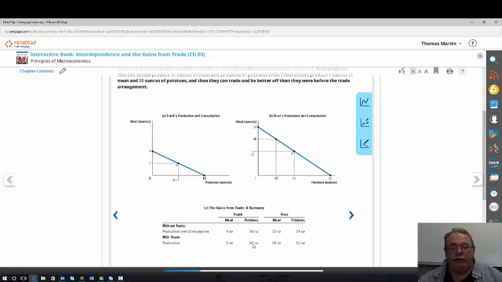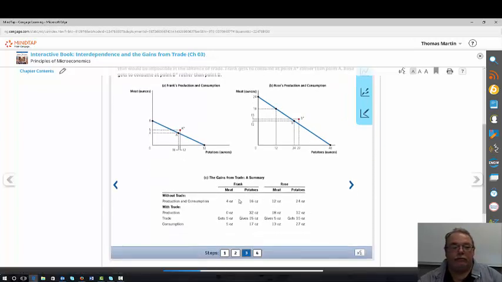With trade, Frank's going to produce 32 ounces of potatoes. Rose, excuse me, they changed names in the middle of it, produces 18 ounces of meat and 12 ounces of potatoes. They agreed to trade 5 ounces of meat for 15 ounces of potatoes.